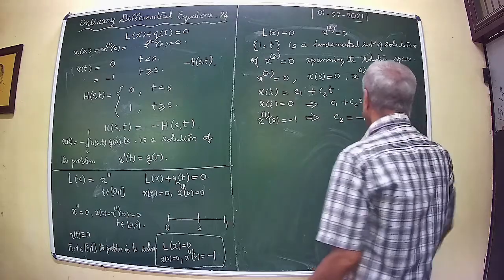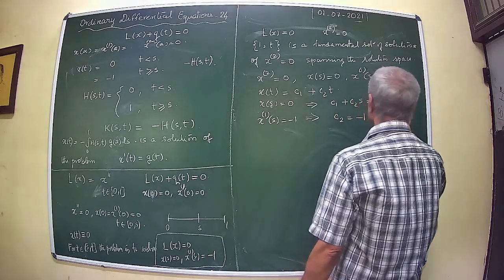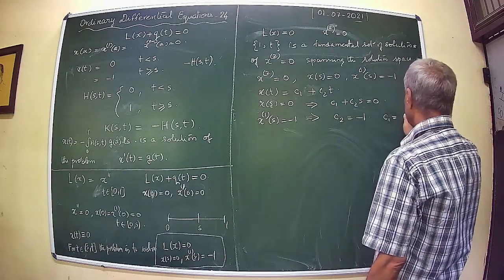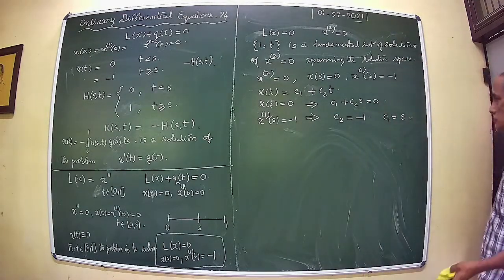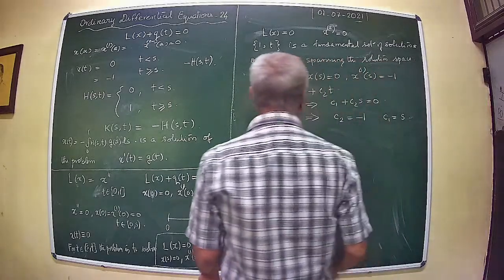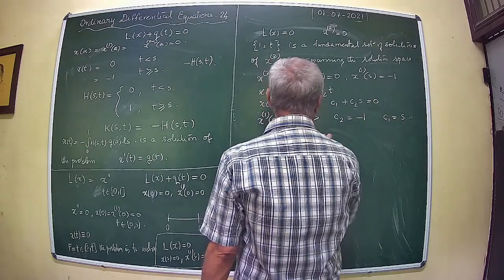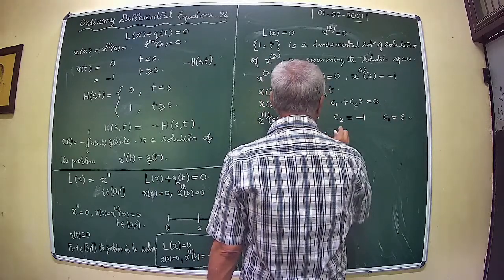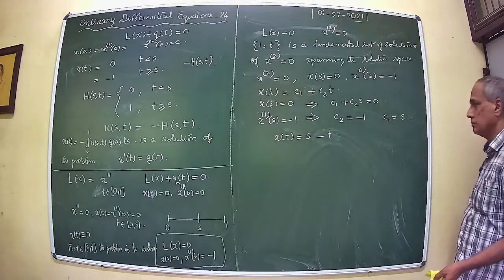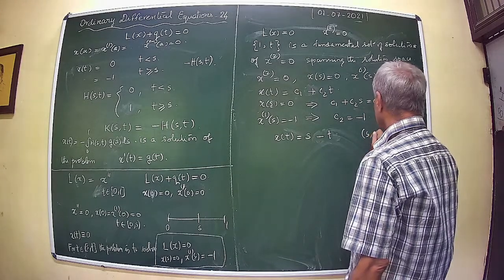So solve these two equations. Because C2 equal to minus 1, you get C1 equal to s. Therefore, x(t) is equal to s plus C2 t, with C2 minus 1, so s minus t for t from s to 1.